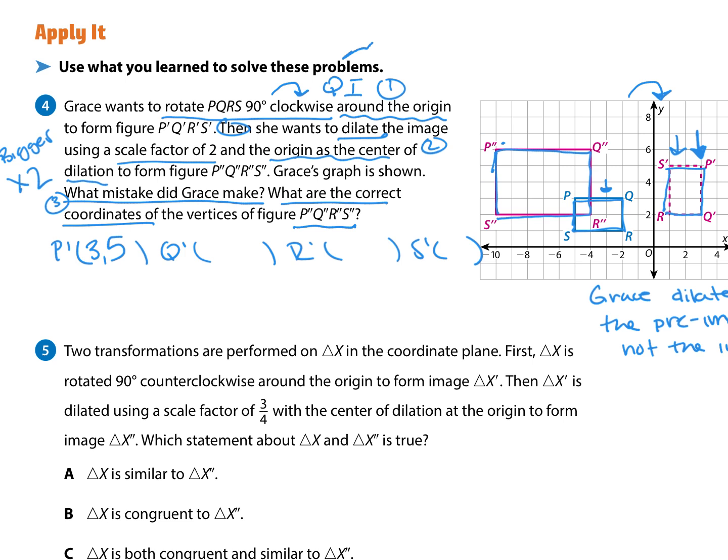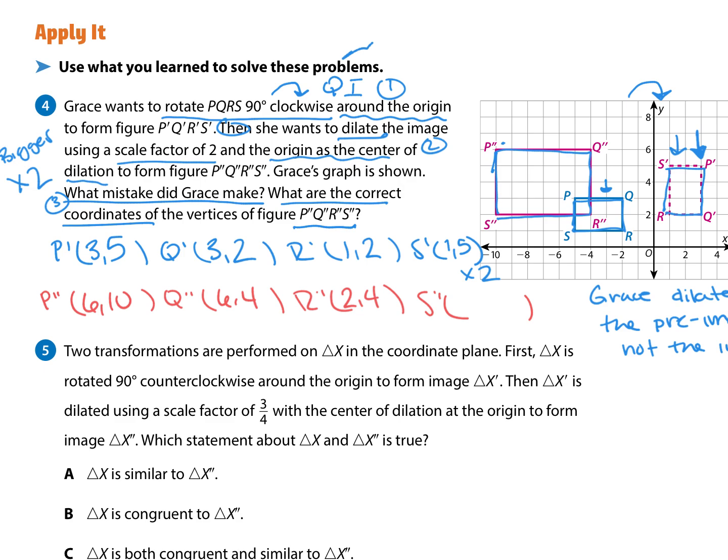Q prime is at 3, 2. R prime 1, 2. And S prime 1, 5. So we're going to multiply these by 2, and that is going to give us where our double primes should be. So times 2 gives me 6, 10, 6, 4, 2, 4, and 2, 10.